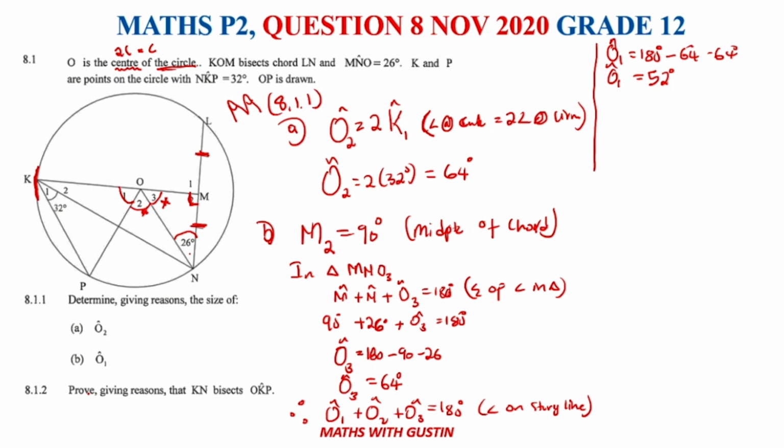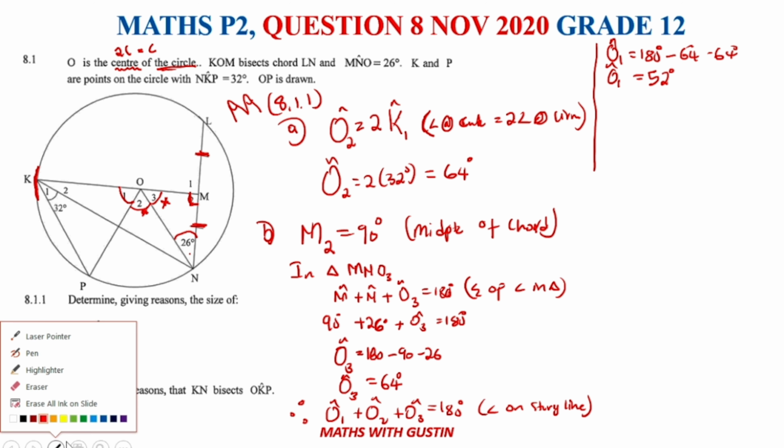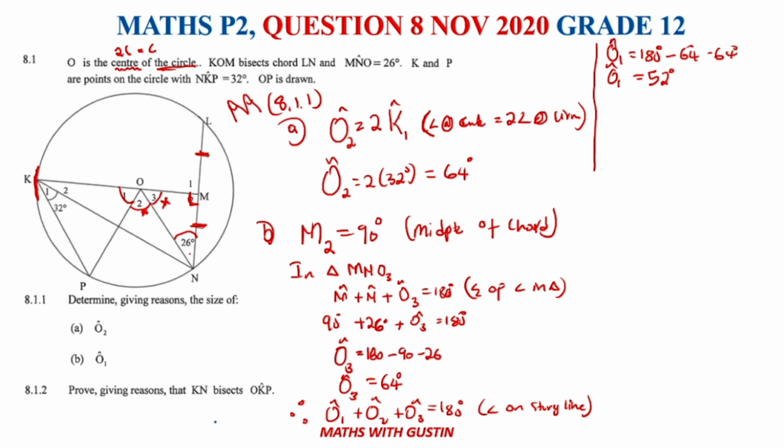Let's move on to 8.1.2. Prove, give reasons, that KN bisects OKP. Where is KN? Here is KN, on this line here.